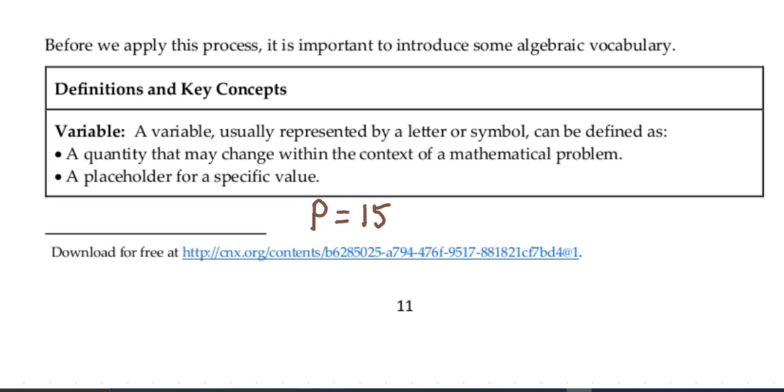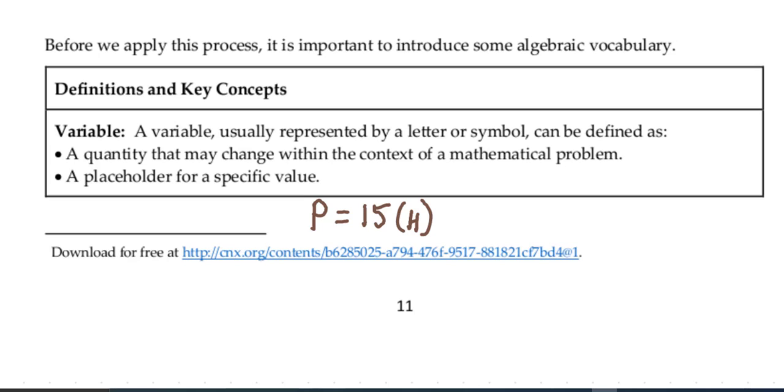So for every hour that I work, I get $15. So this could be an equation where the letter P is a variable that stands for my pay, and the letter H would be the number of hours I work. The more hours I work, the greater my pay.